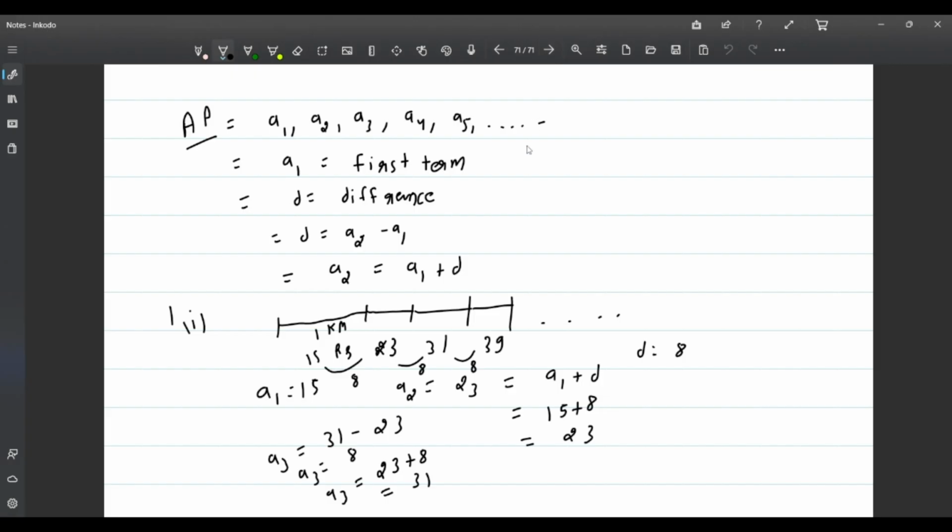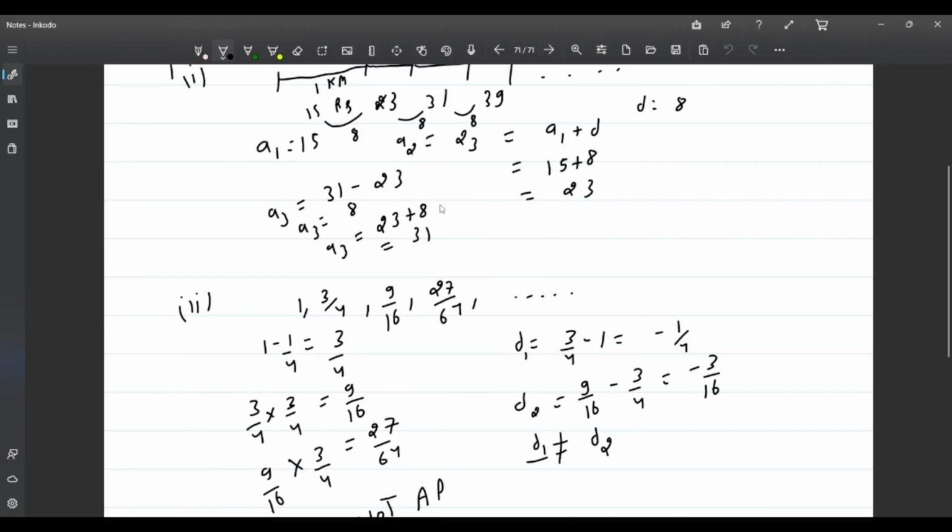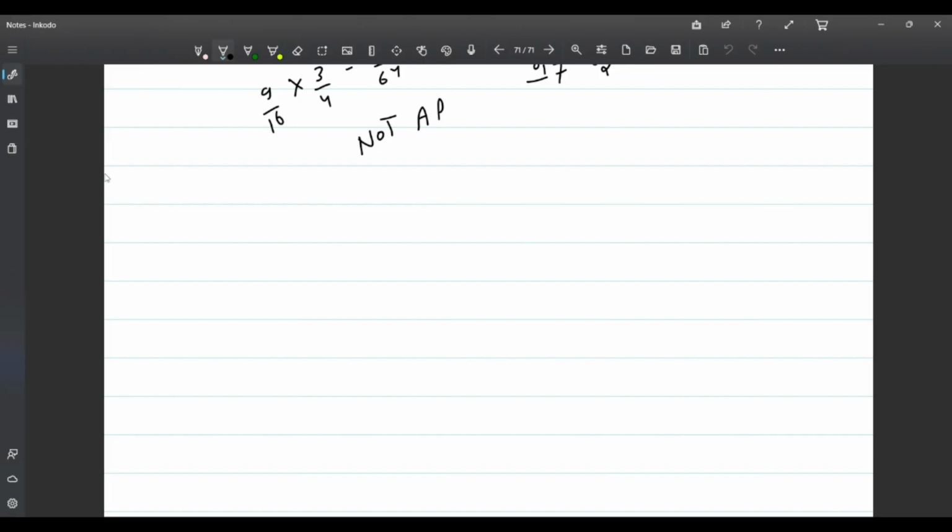Let's see how it is an AP. For the first meter of digging the cost is 150 rupees and it increases by 50 rupees.